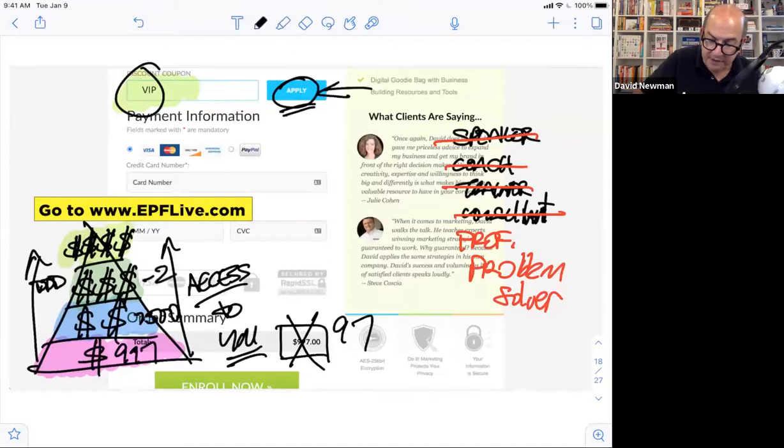Over here, you have some kind of 20K program. And then over here, you have a long-term six-figure consulting, 100K, 150K, 200K program. So this is more depth, duration, and detail. And at the same time, more and better and bigger access to you, but it still scales because now the only people that you're spending time with are the people that are closer to the top of this pyramid.